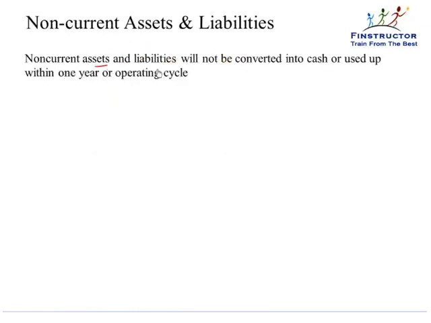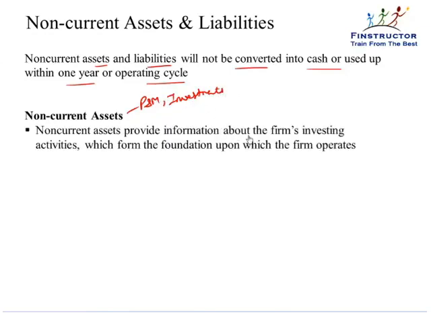Non-current assets and liabilities, as the name suggests, will not be converted into cash or realized within 1 year or one operating cycle. Non-current assets, for example, plant and machinery, investments, as we will see in the coming slides, are items that accrue or give us information about the investing activities of the firm.